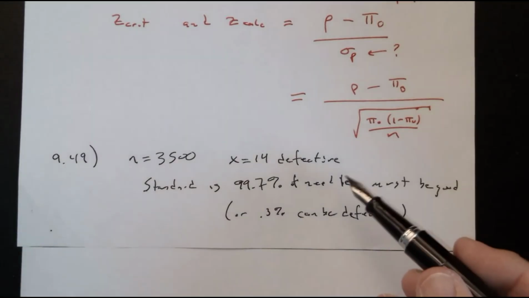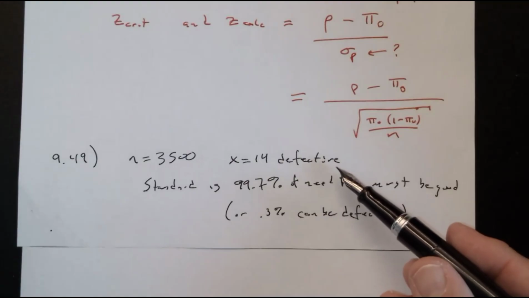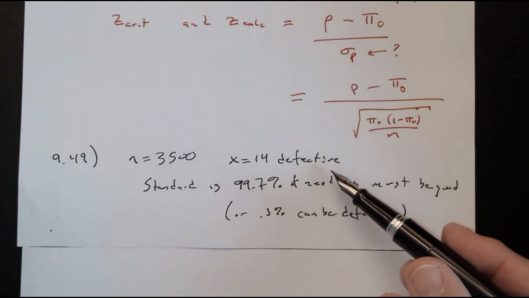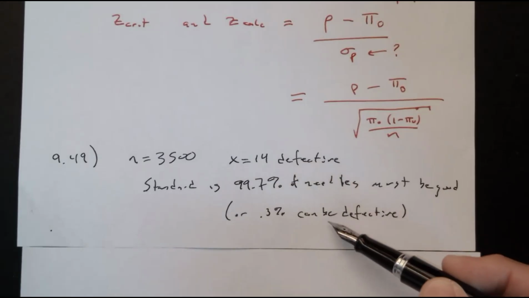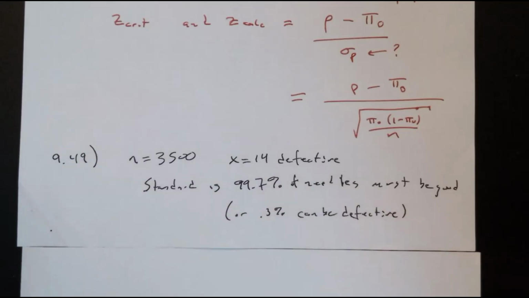So this number up here is counting defects. 14 needles were defective. So I'm going to go with this as my benchmark, the 0.3%, because that's counting the same thing.